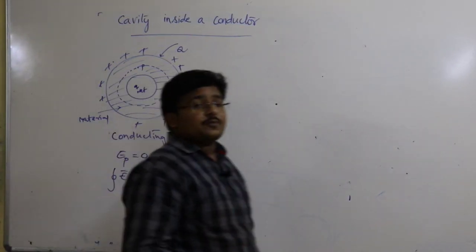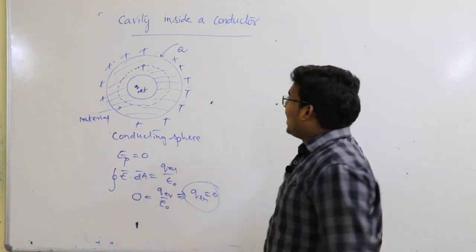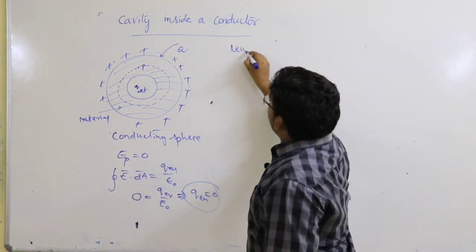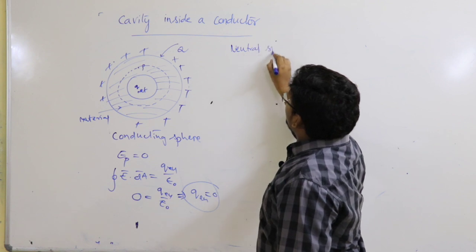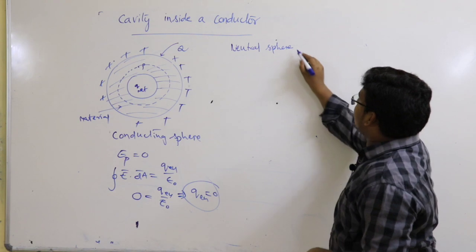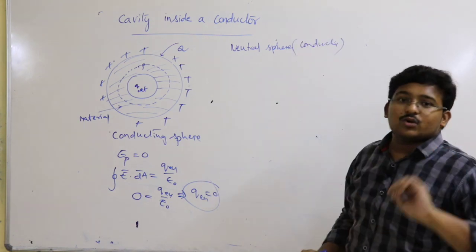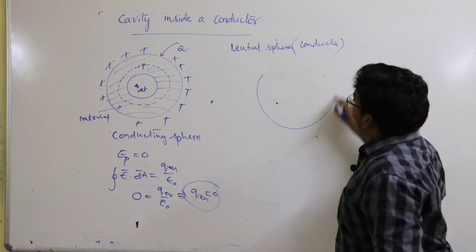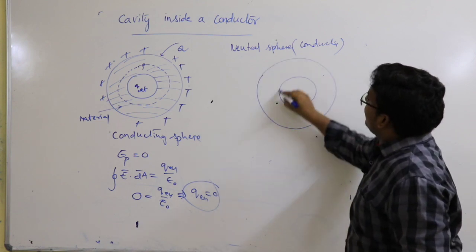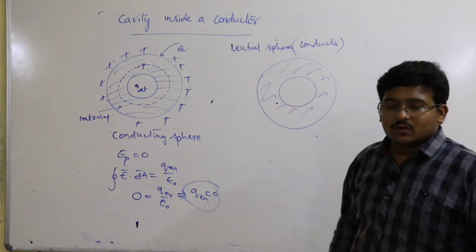Okay. Sir, if I keep a charge inside, then what might happen? I am taking a neutral conducting sphere. So a neutral conducting sphere means no charge is given, and with a cavity inside. So this is neutral, means charge is 0.